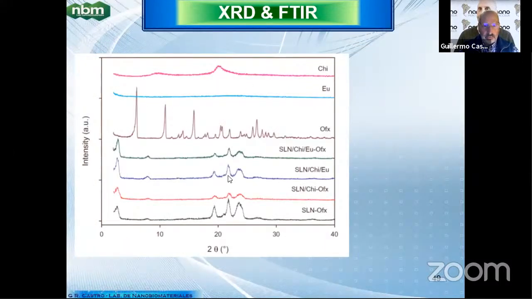So when we analyze X-ray, this is again the structure of ofloxacin. This is a crystalline structure, and as you can see in the solid lipid nanoparticles, there is a reduction of the crystalline structure, which is good.